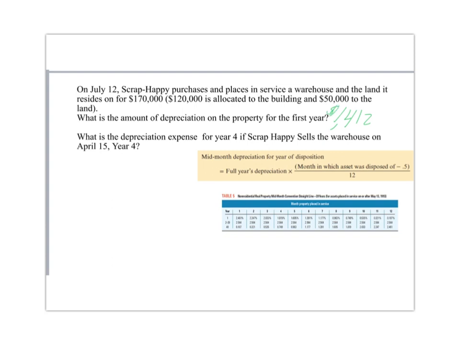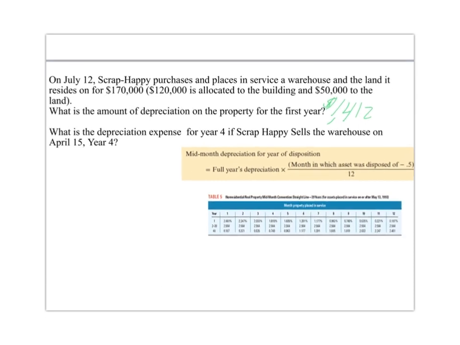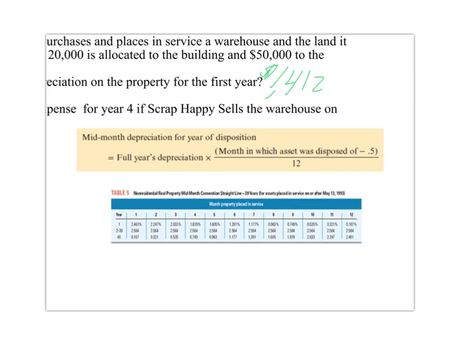The second question I've added says, what is the depreciation expense for year 4 if Scrap Happy sells the warehouse on April 15th of year 4? What I've added here are two charts: the depreciation table that you've seen before, and this other little insert from the book.